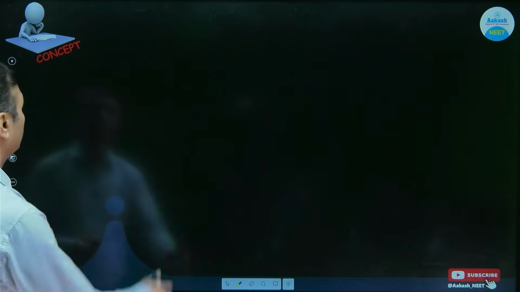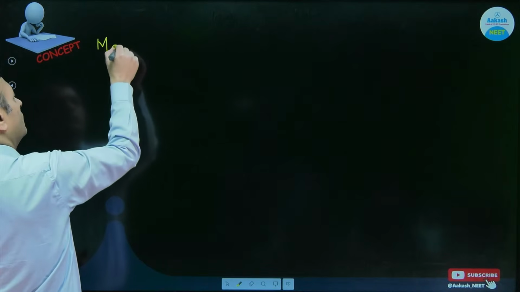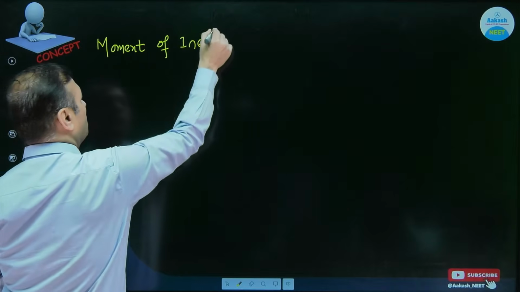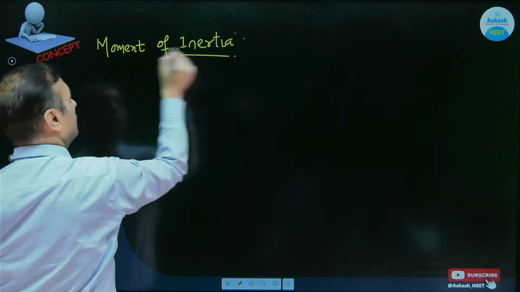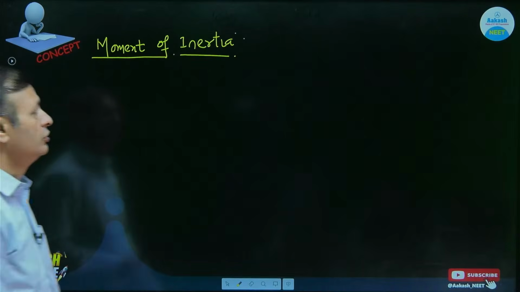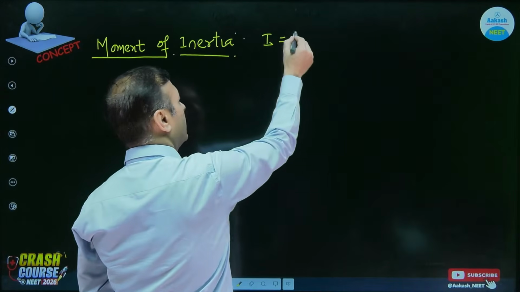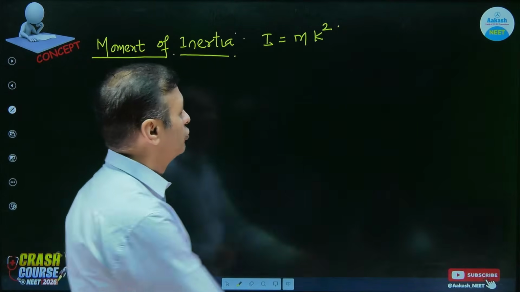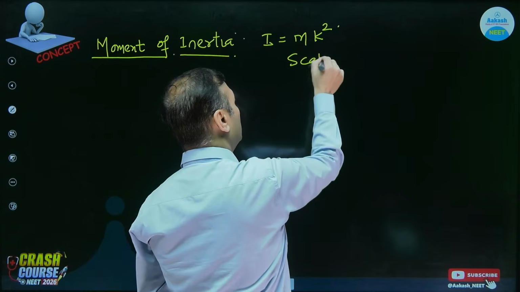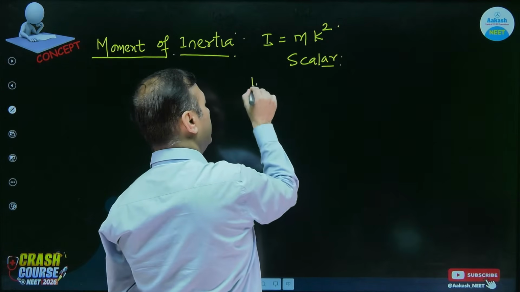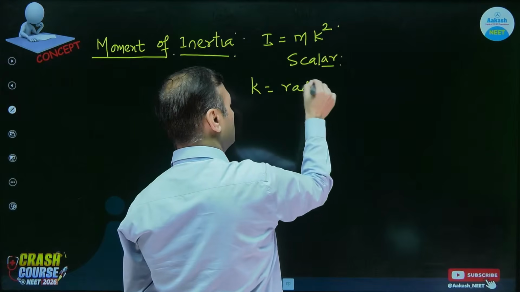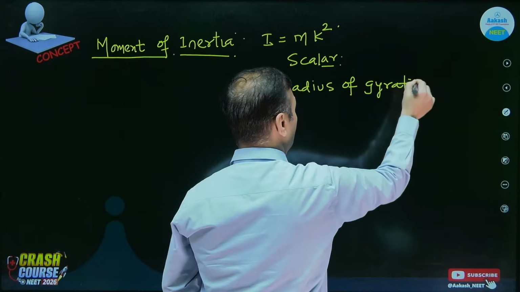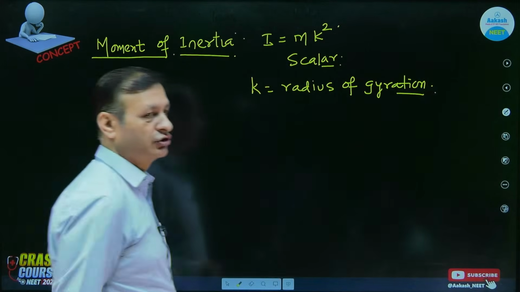Now we have moment of inertia. Moment of inertia is written as I, which can be written as m k square. This is a scalar physical quantity where k is known as the radius of gyration.